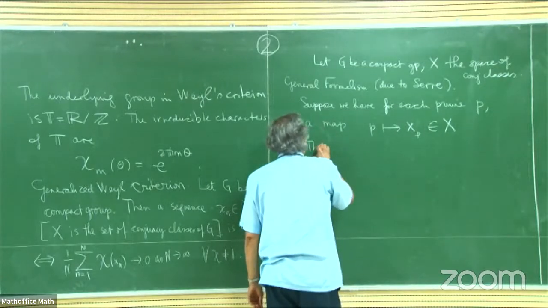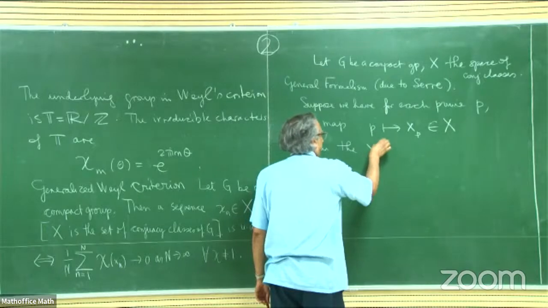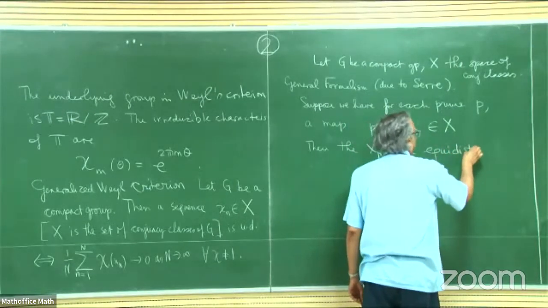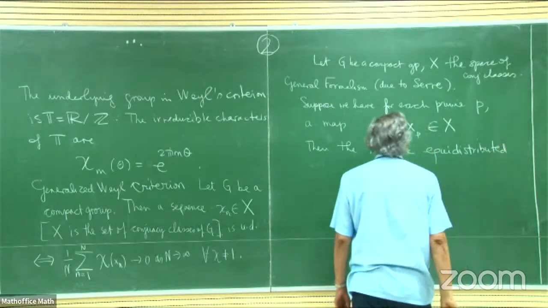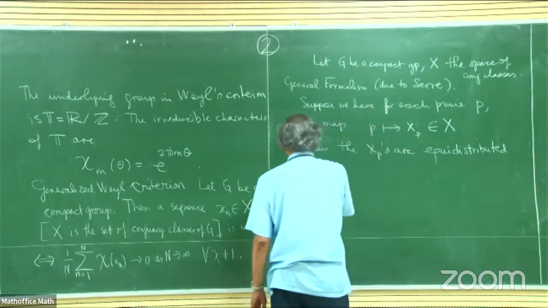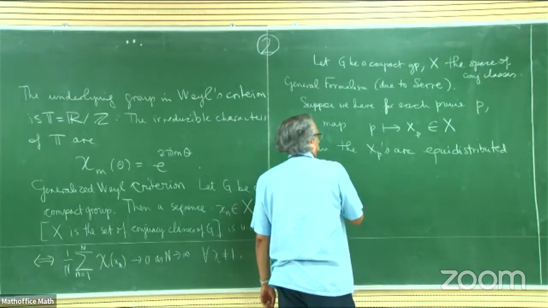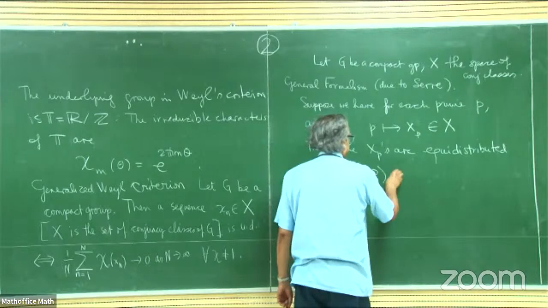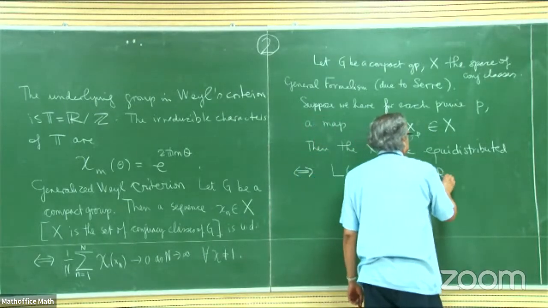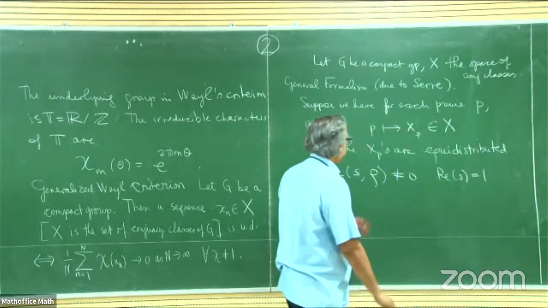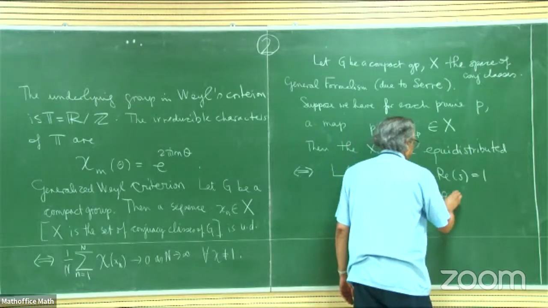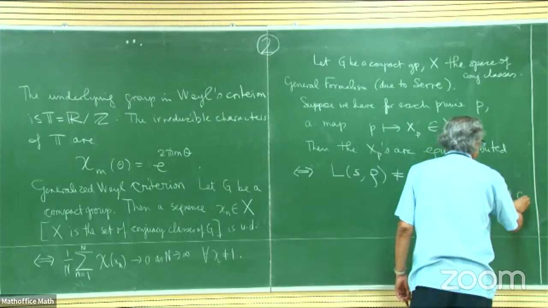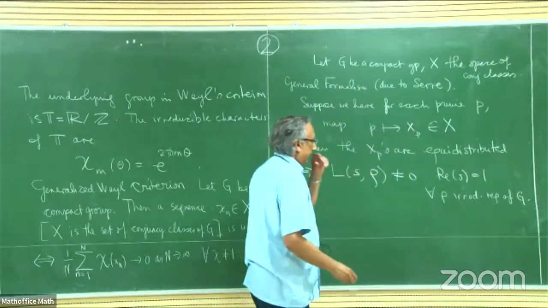Then the x_p's are equidistributed if and only if the L function, which I will describe in a second, for all rho irreducible representations of G, doesn't vanish on the line real s equals 1.